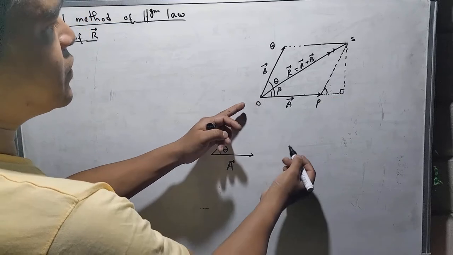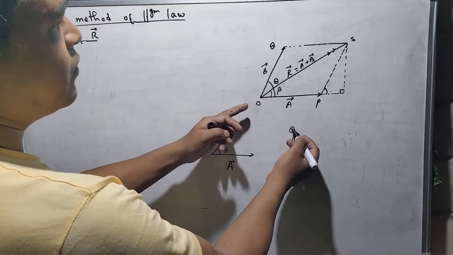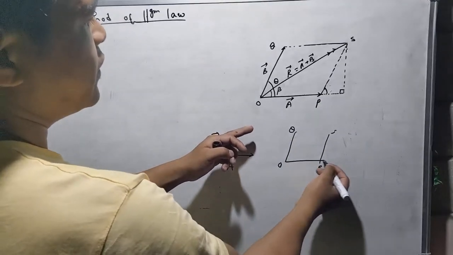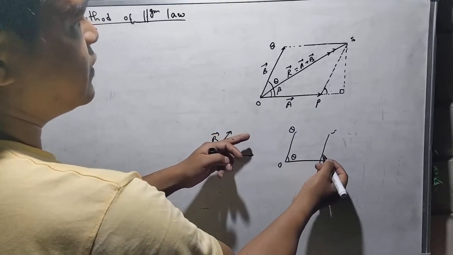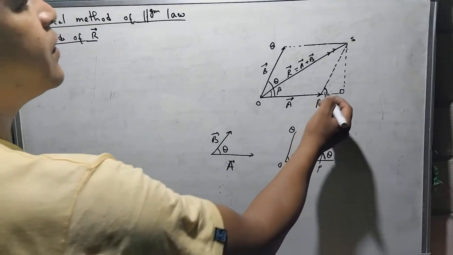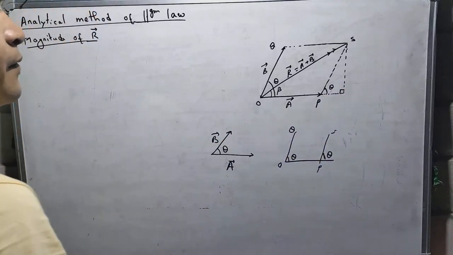Because OQ is parallel to PS, if this angle is theta, this angle also should be theta because they are corresponding angles. So therefore, I'll mark this as theta.